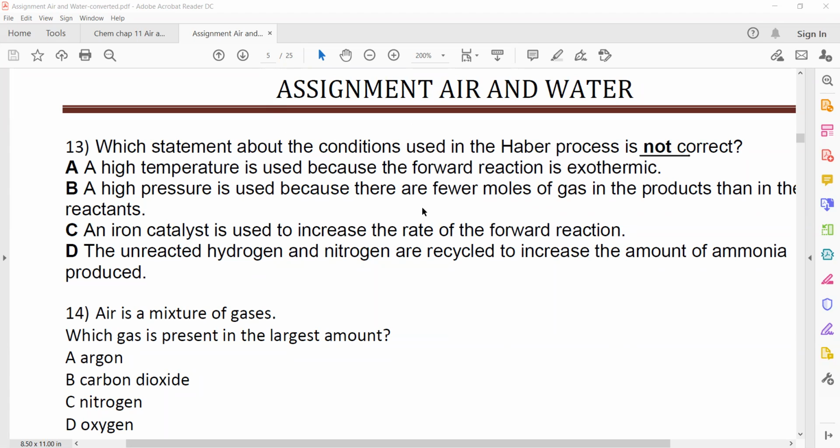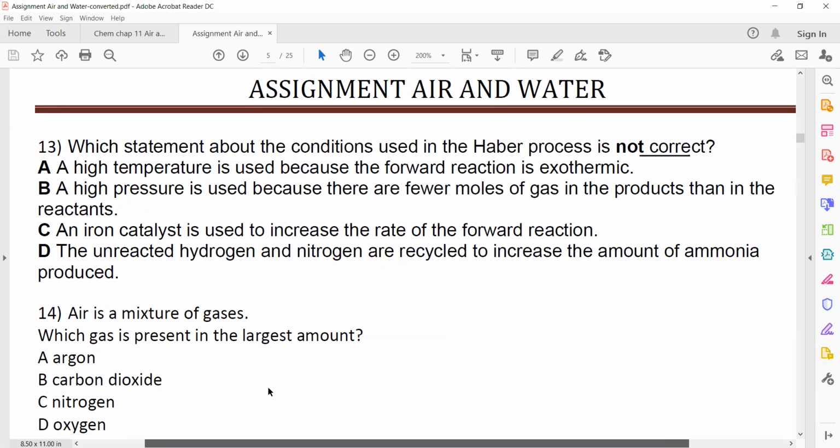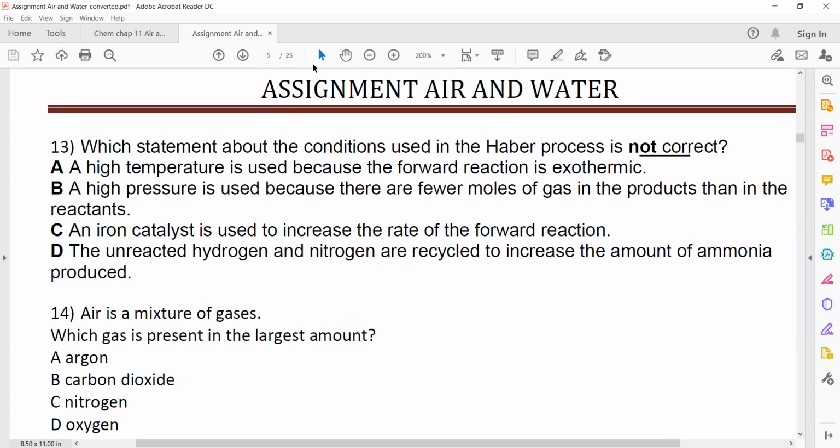High pressure is used because there are fewer moles of gas as product. So that's true, we use high pressure. Iron is used as a catalyst. That's also true. And unreacted hydrogen and nitrogen are recycled. That's also true. So the question is which is not correct? So A is not correct. So 13, A is the right answer.